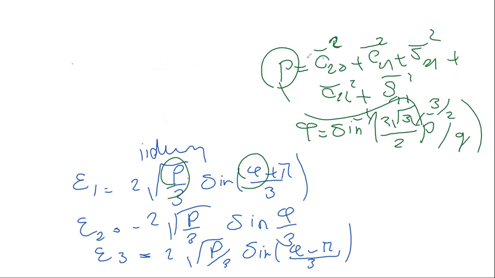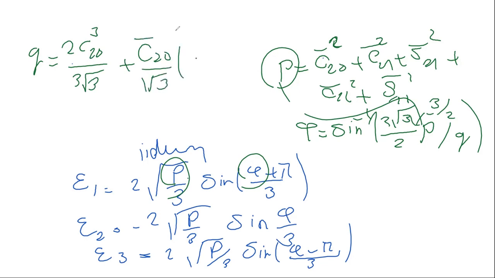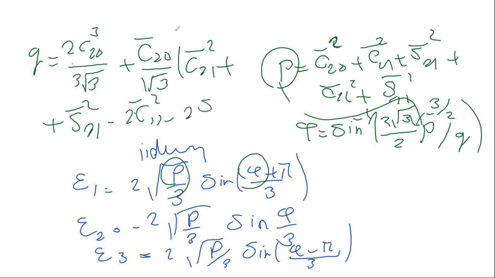So q is 2C20, 3 over 3 plus. You see, all of them are related to the degree 0 and 2 harmonics of the gravity field: the S21 plus S21 plus quadratic 2C22 quadratic minus 2S22 quadratic.